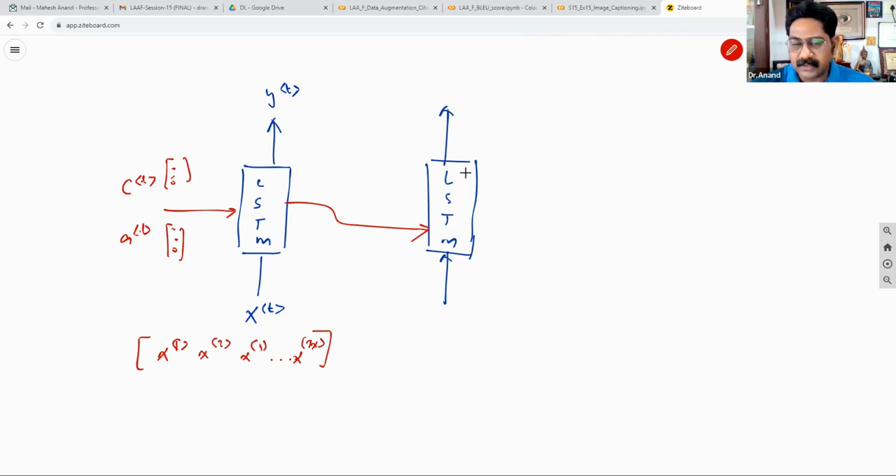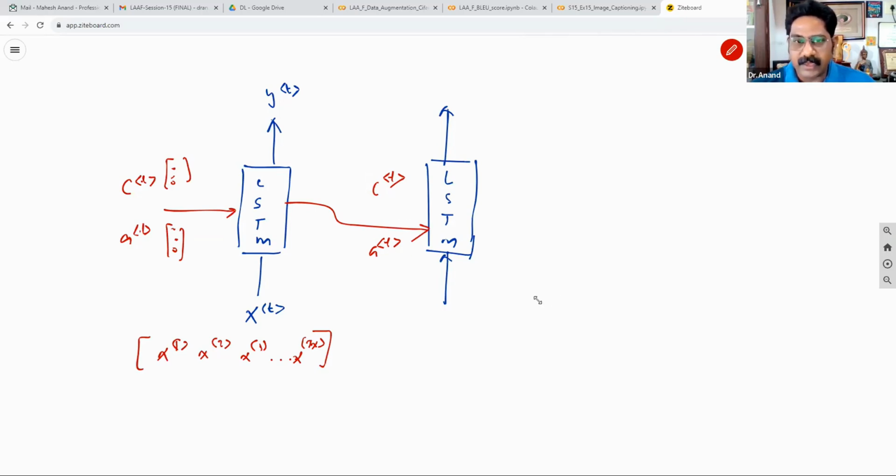So when this model starts learning, it will not start with zero initialization. It will start with the C of t and A of t states of this. That is why we set return state true. So C of t and A of t are presented to this, which means this LSTM is going to start learning by considering this as the initial state.